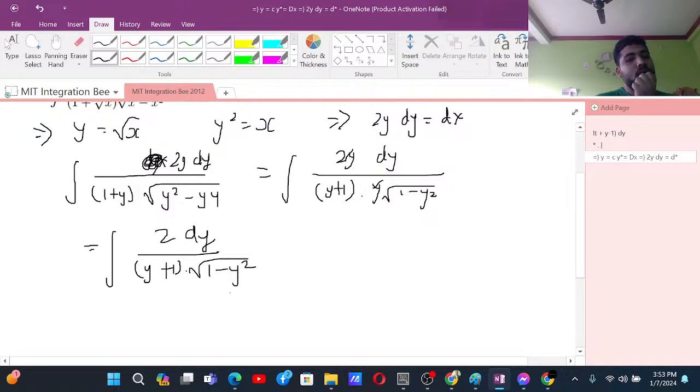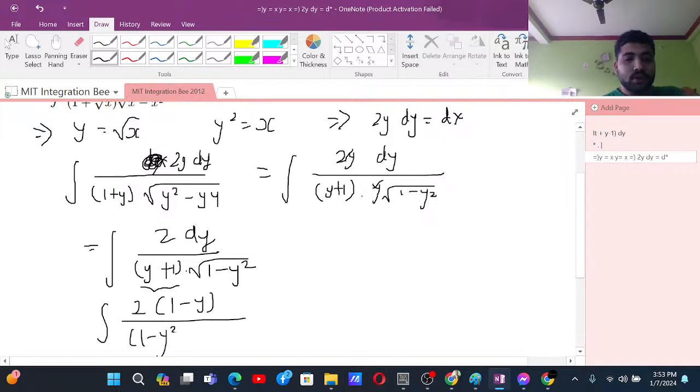Because here there's 1 minus y square, it can be helpful to make the same thing over here as well. That was the reason why I did this in my approach, and that actually worked. So you can make 1 minus y by 1 minus y square, root under 1 minus y square dy.